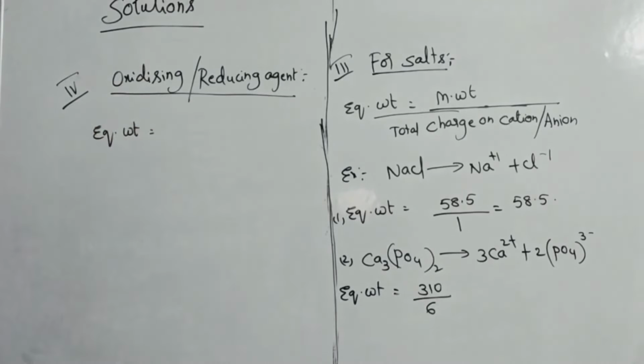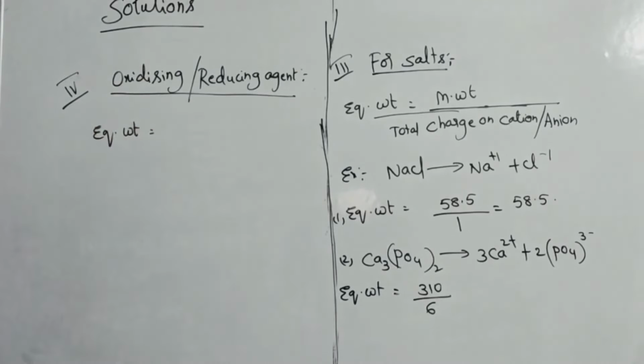0.1 M oxalic acid. Molarity is given, M is 0.1, and oxalic acid means H2C2O4. Previously I told you 2 H plus ions can be replaceable here. In oxalic acid you will find 2 H plus ions and C2O4 2 minus, the oxalate ion.